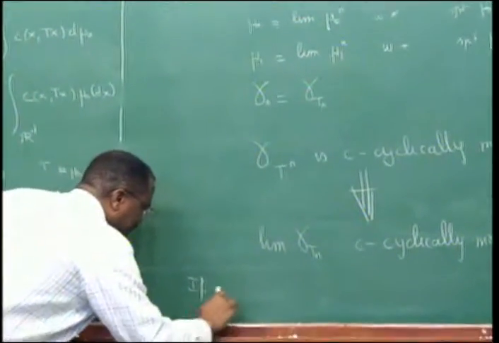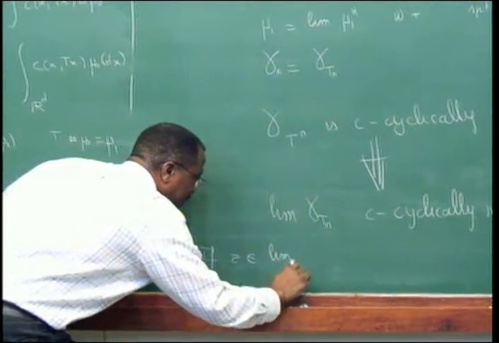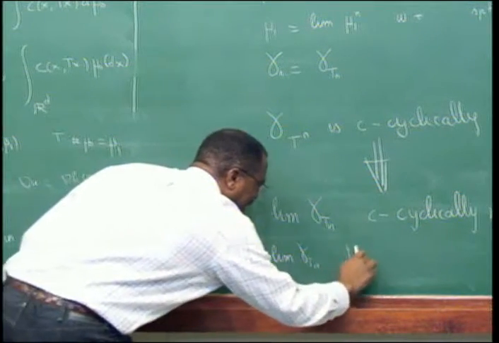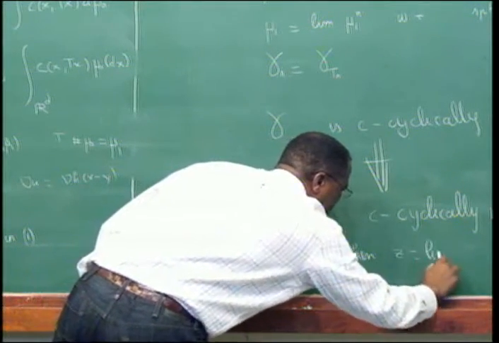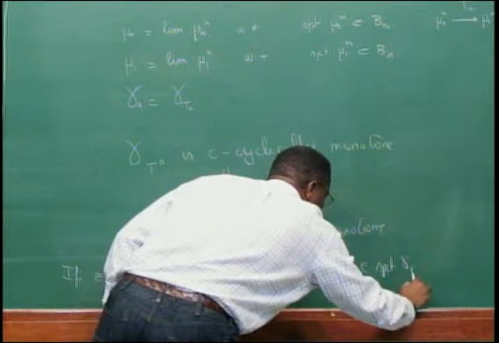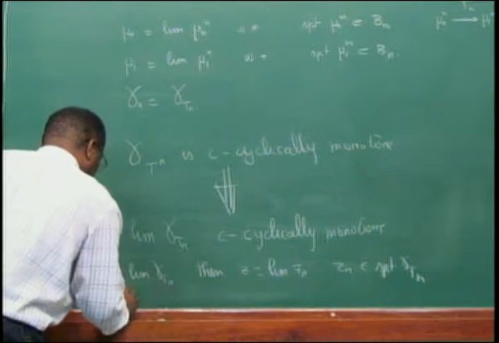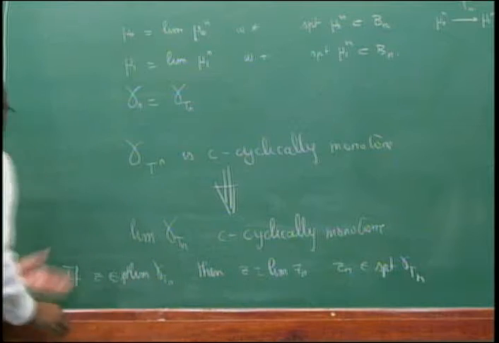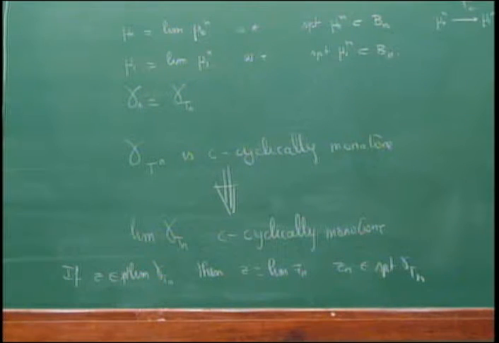So what I am saying is, if z belongs to the support of the limit of gamma Tn, then z is the limit of Zn, where Zn belongs to the support of gamma Tn. So if Z belongs to the support of the limit, then Z is a limit of elements of the support. And so once you have that property, it shows that if gamma Tn is optimal, then the limit of gamma Tn will be optimal.